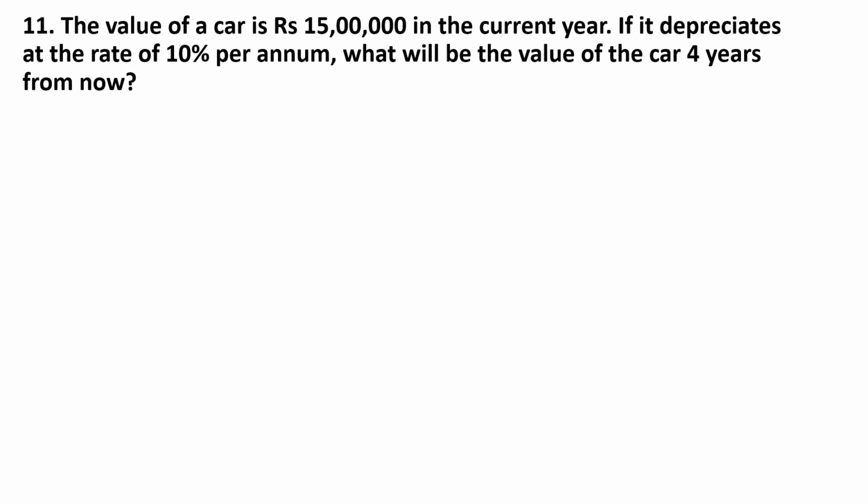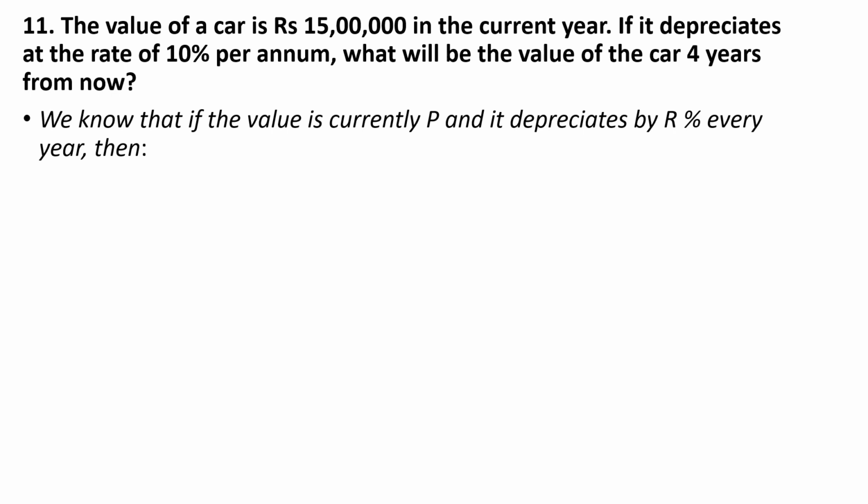So we know that if the current value is P and the rate of depreciation is R, then the value after 4 years, after depreciation, will be P into (1 minus R by 100) whole to the power n, because it depreciates, we have to do minus. Now here P is 15 lakh, the rate of depreciation is 10%, n is 4 years.